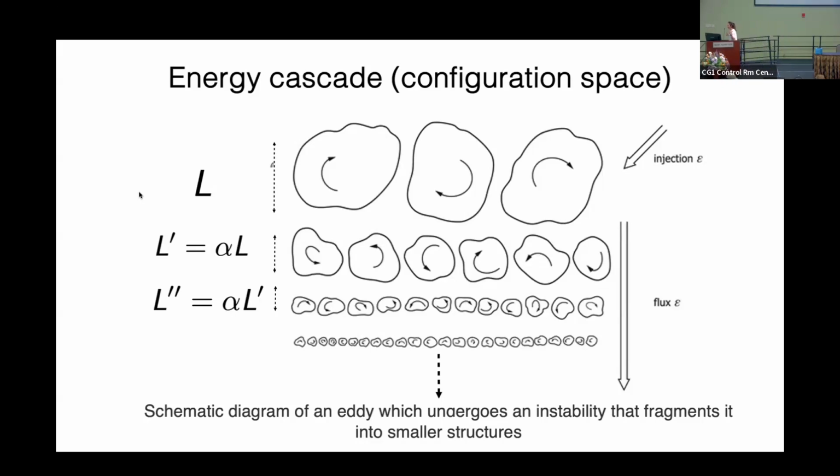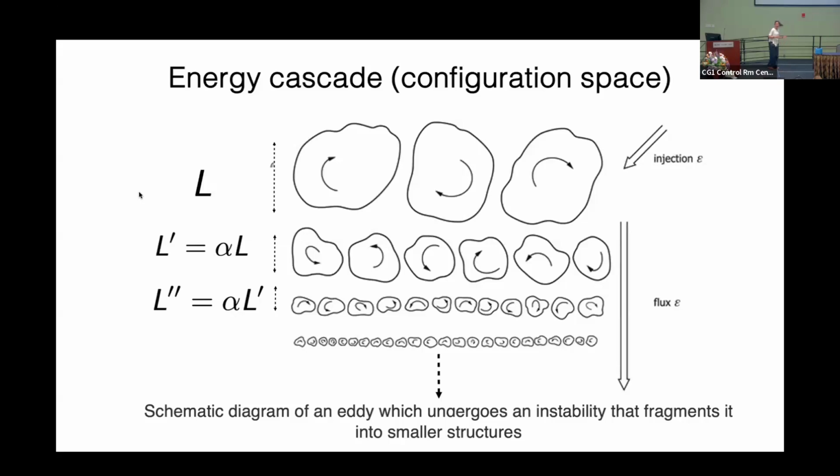So this slide represents this process pictorially. So you start with your large scale eddies or vortices at scale capital L. They become unstable and they break apart, generating smaller scale vortices of size L prime, a fraction alpha of the previous L, okay?